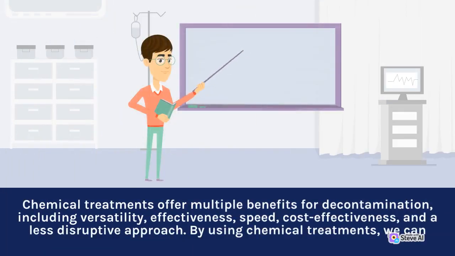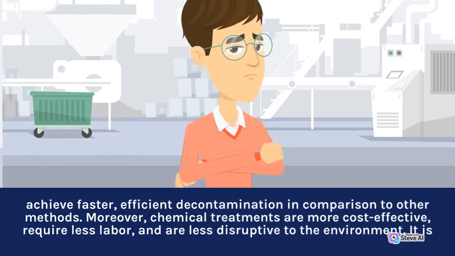Chemical treatments offer multiple benefits for decontamination, including versatility, effectiveness, speed, cost-effectiveness, and a less disruptive approach. By using chemical treatments, we can achieve faster, efficient decontamination in comparison to other methods.